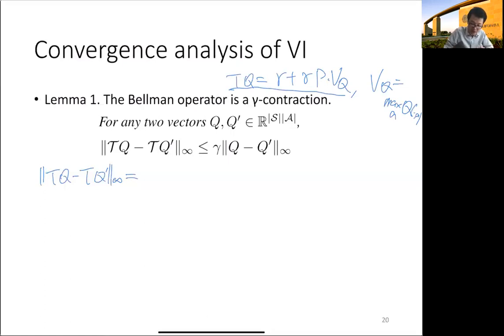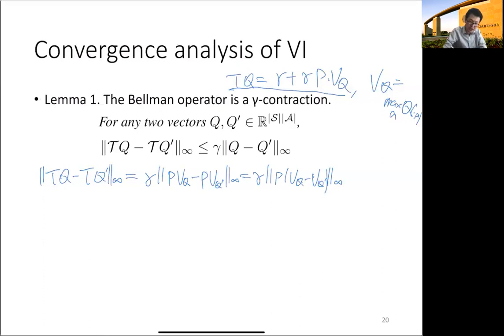Since we are taking the difference, the r term cancels out, because it doesn't depend on Q at all. So we can write this as gamma times the L infinity norm of P VQ minus P VQ prime. Since P is a linear operator, we can group them together and get gamma times the L infinity norm of P times (VQ minus VQ prime).